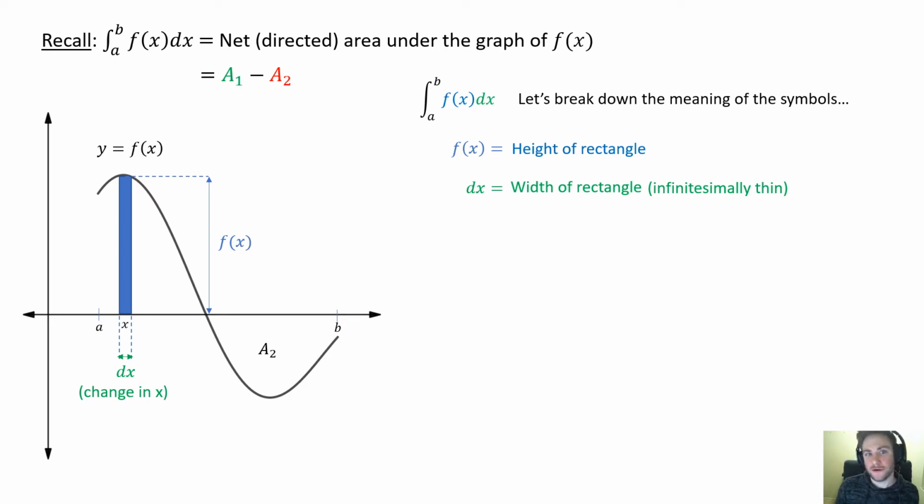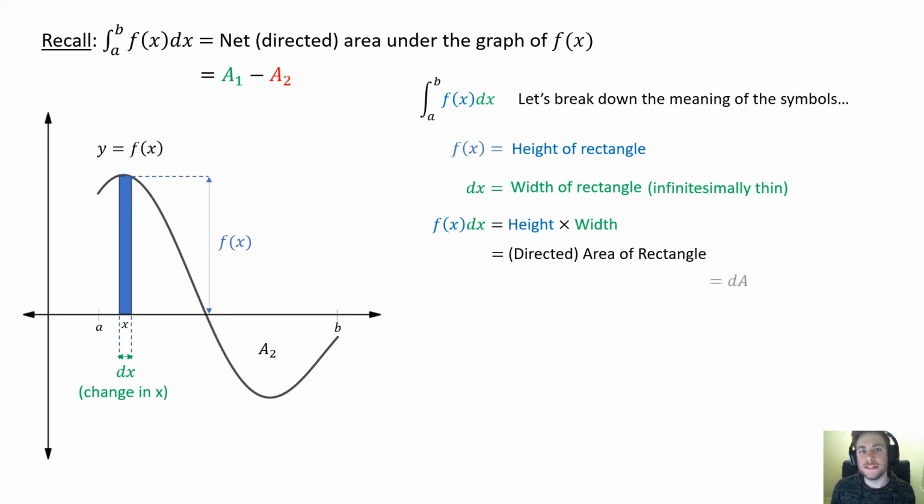Putting this together, this means that f of x dx literally can be thought of as height times width. Or in other words, f of x dx is the area of our rectangle. Height times width gives you area. Actually, it's directed area because if our curve were below the x-axis, then f of x would be a negative number, which would cause the rectangle to contribute negatively to the value of our integral.